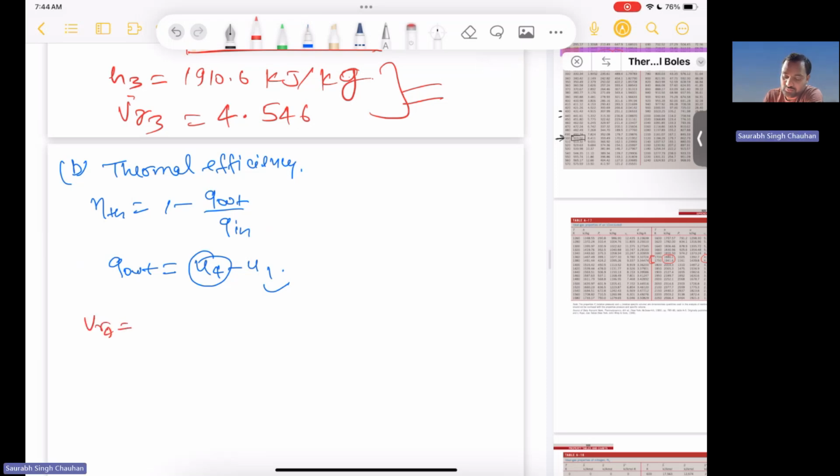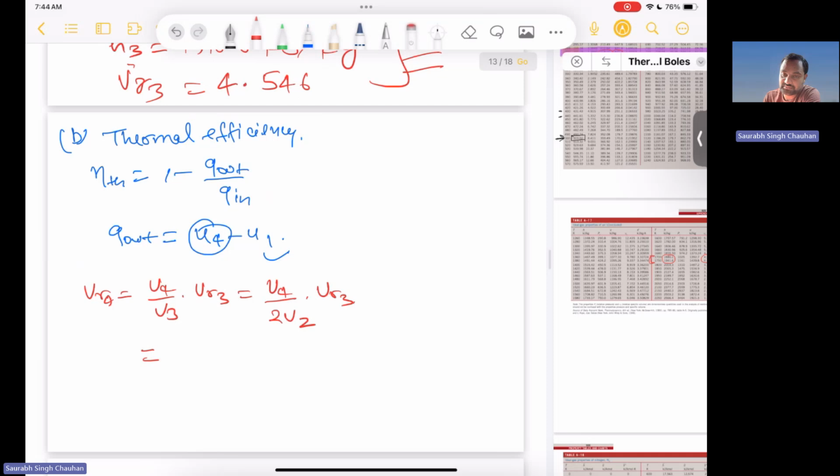VR4 is equal to V4 by V3 into VR3, which is equal to V4 by 2V2, because V3 is equal to 2V2, right? This is the cutoff ratio, into VR3, correct?